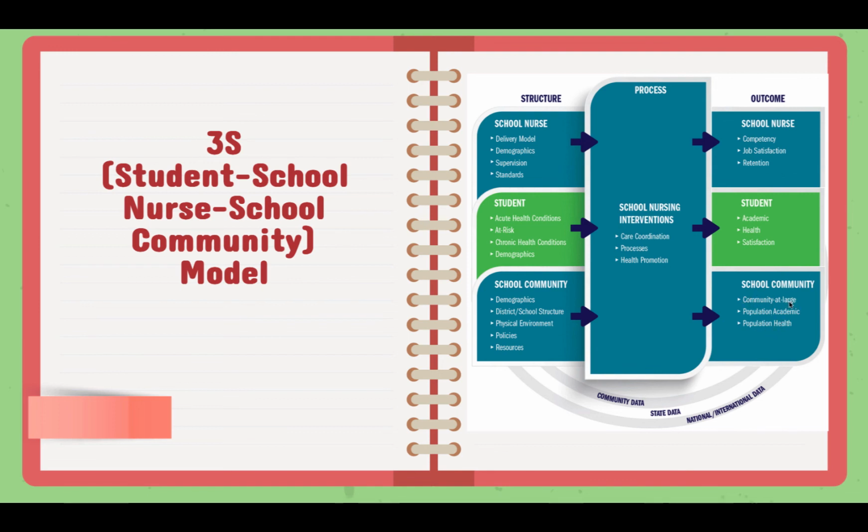What's going on in the community at large? And then you're looking also, in addition to school data, at community data, state data, and then national data. So those are all in comparison to your local or in addition to your local.